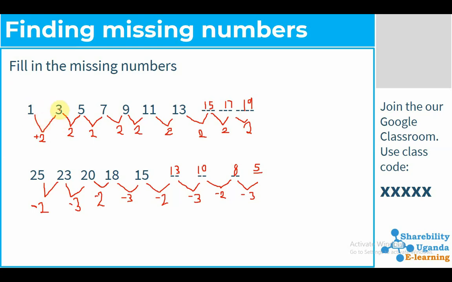From a 3, which number can be added? Then also when you see a number is reducing, you know you're going to use subtraction. So finally, that's how we can solve these problems using number sequences and addition and subtraction.